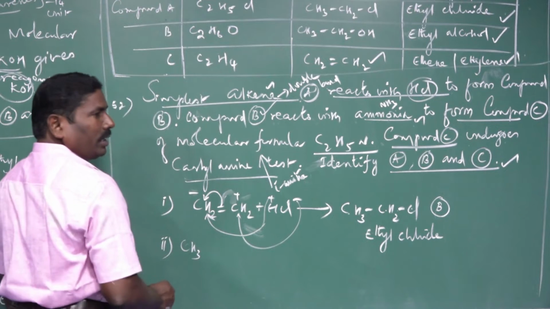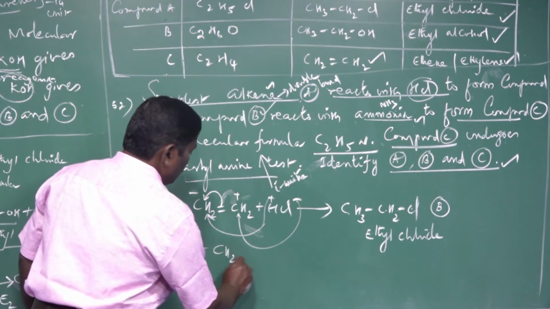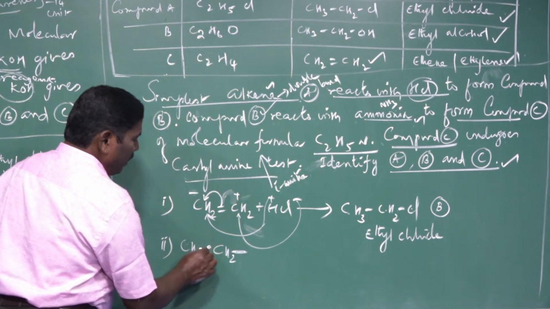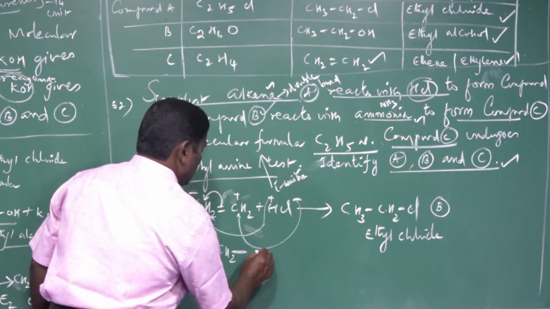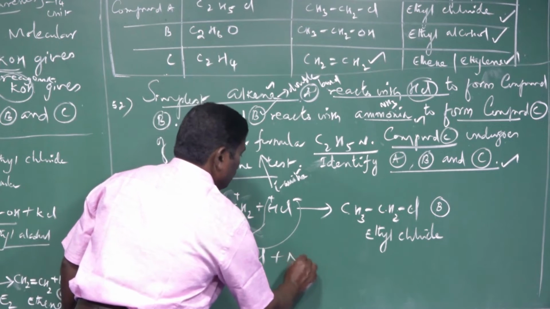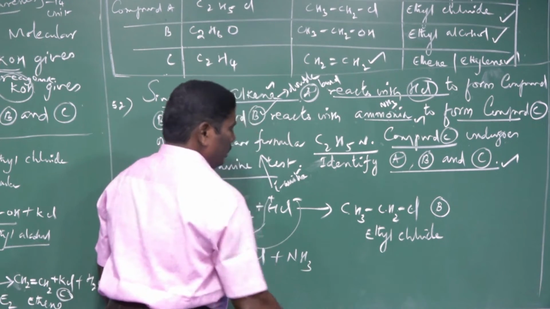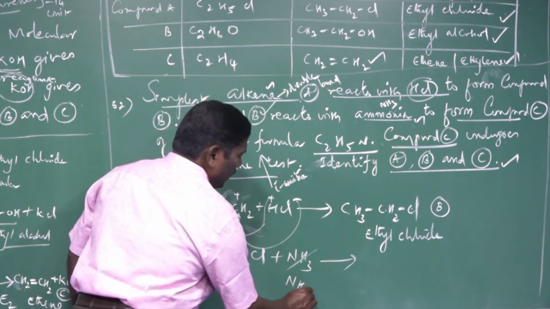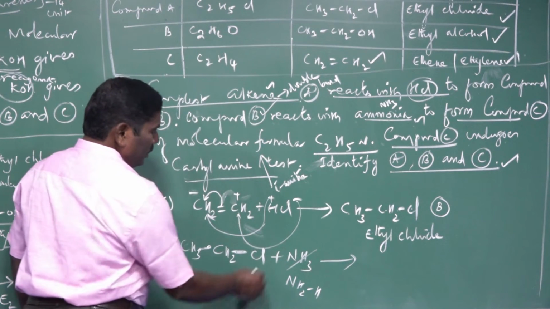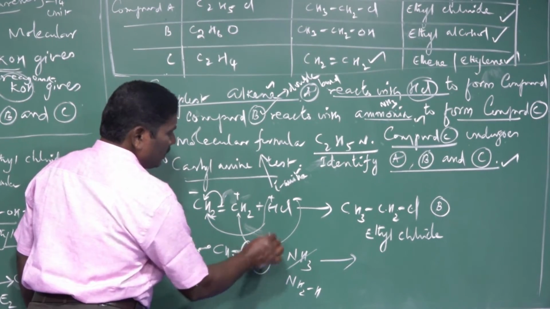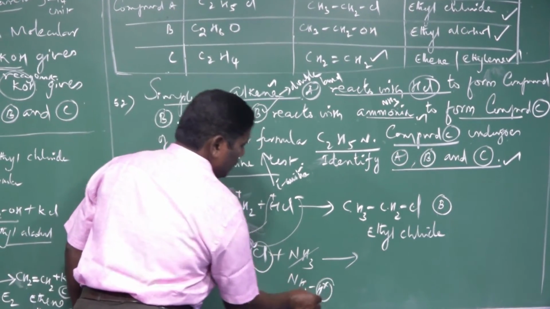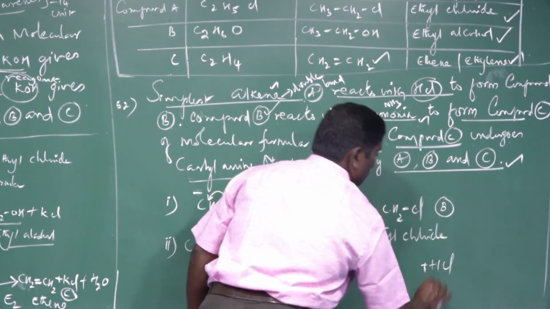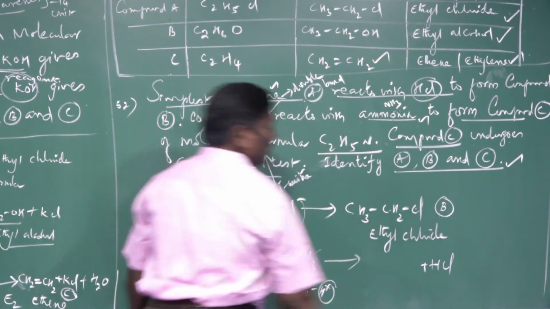The equation you can write is CH3CH2Cl plus ammonia, NH3. The NH3 can split as NH2 and H. The Cl minus and H plus combine to give HCl.